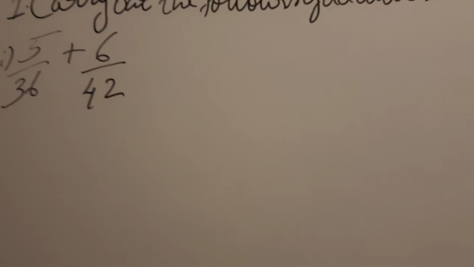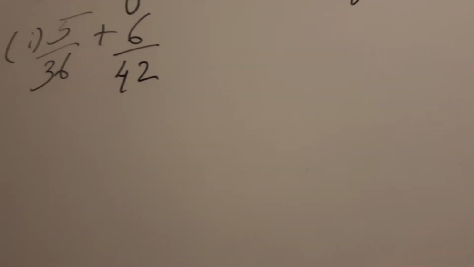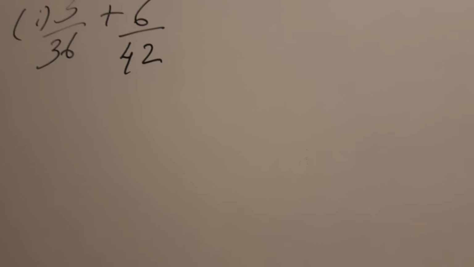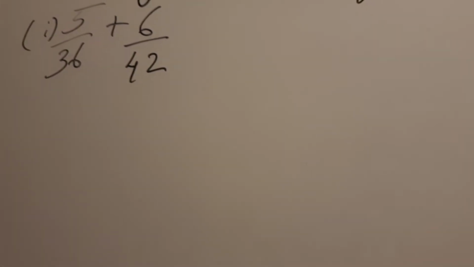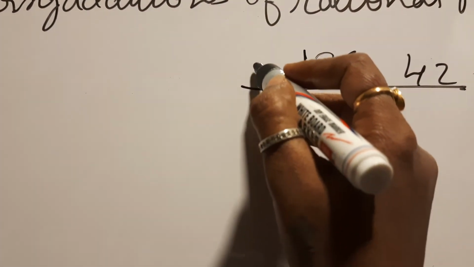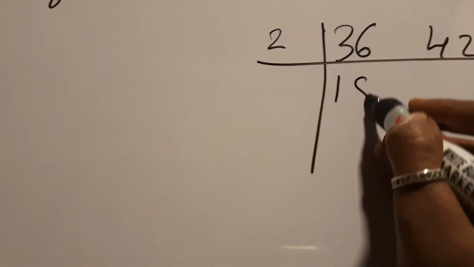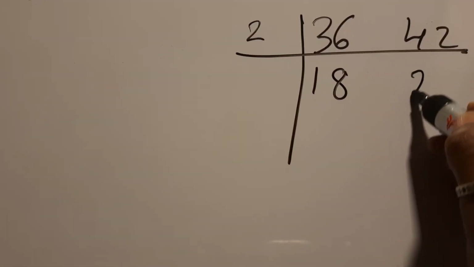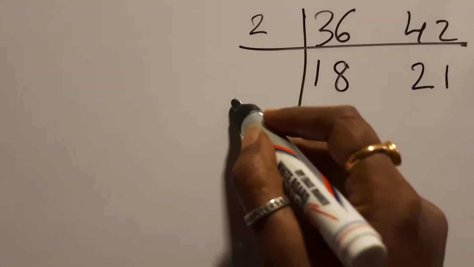As you know, we cannot carry out the addition or subtraction unless and until we equalize the denominator. And to equalize the denominator, let's find out the LCM. Or in other words, let's find the number which will help us to equalize the denominator. 36, 42. You can take the LCM separately or together. 2 1s are 2, 2 8s are 16, 2 2s are 4, 2 1s are 2.